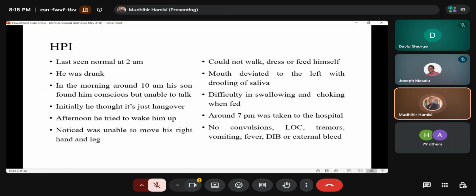So they called one of the nearby doctors. He told them, if you are saying those symptoms, they are probably suggestive of stroke, so rush the patient to the hospital. So it was around 7 p.m. when they took the patient to the hospital. However, during this time, there was no convulsion reported, no loss of consciousness, tremors, vomiting, fever, difficulty in breathing, or any external bleeding.